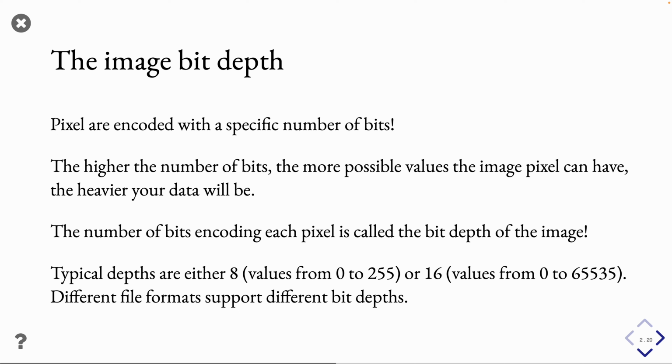And as we saw at the beginning of the course, when we have to represent numbers with bits, we are limited in the number of numbers that we can encode, depending on how many bits we use to encode them. And obviously, the more bits we use, the heavier our data will be in memory.